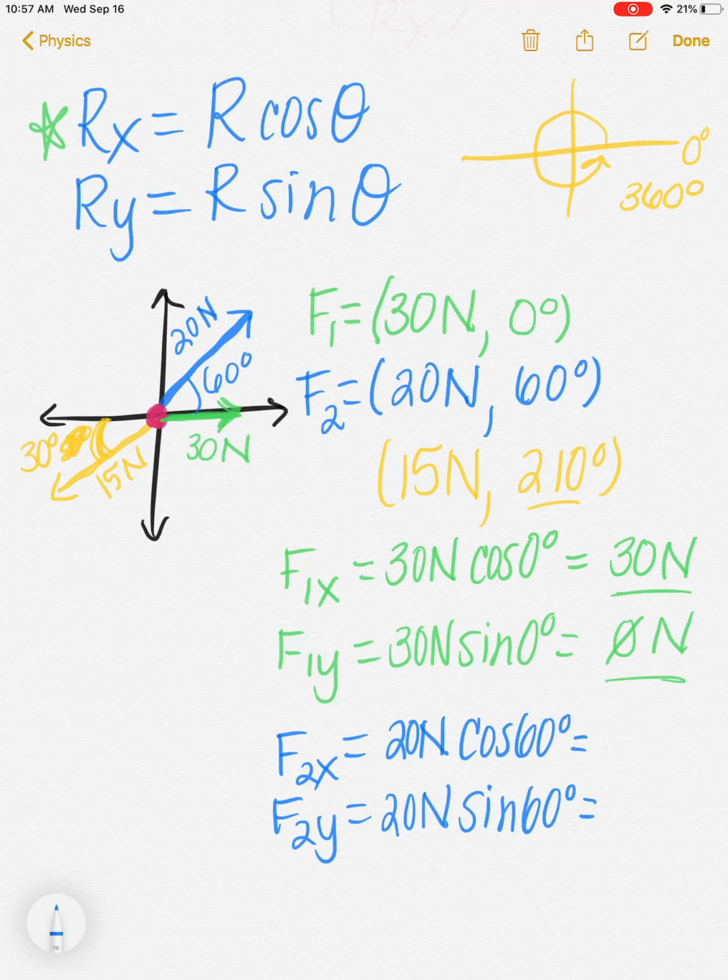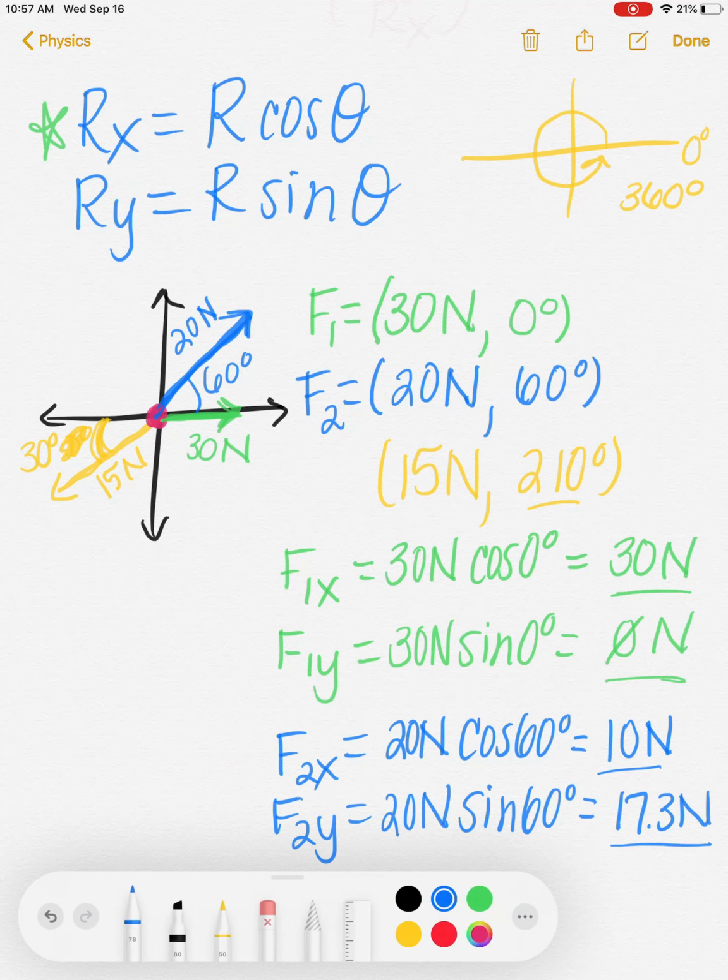All right, so when we plug that in, I get a positive 10 newtons for the x and a positive 17.3 newtons. Now we should always go back and check to make sure that makes sense. Should we have a positive x and a positive y for this vector? Well, yes, we should because it's right here in the first quadrant.